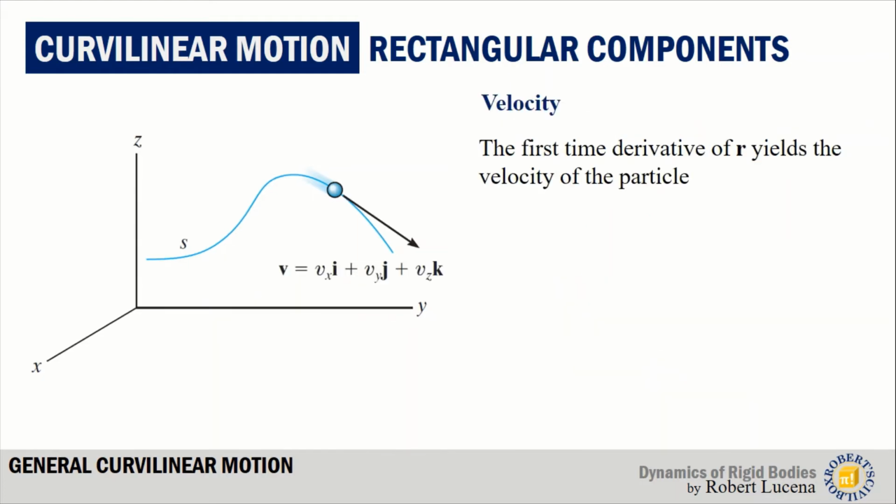And therefore, the first time derivative of r yields the velocity of the particle, because we have discussed that the first derivative of the path of motion is the velocity equation. So to have that, we will simply get the derivative of the position equation.